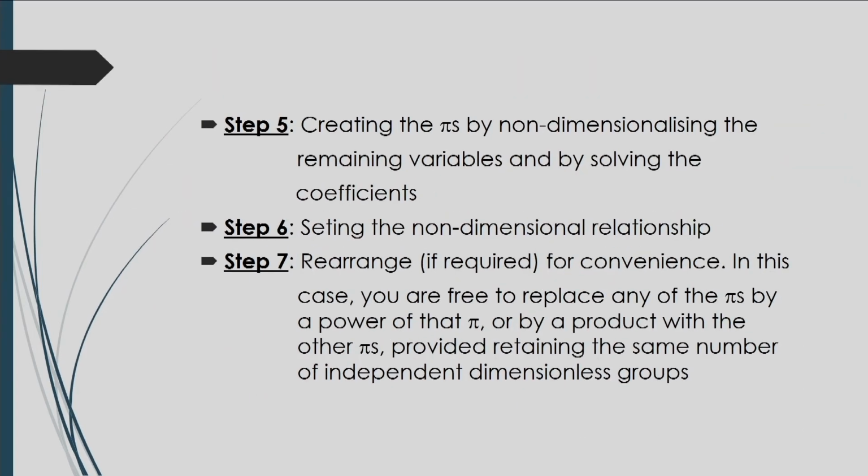Then step 5, you have to create the phi s, that is dimensionless groups, by non-dimensionalizing the remaining variables and by solving the coefficients. And then you have to set the non-dimensional relationship and then rearrange for convenience. In this case you are free to replace any of the phi groups by a power of that phi or by a product with the other phi s, provided you retain the same number of independent dimensionless groups.